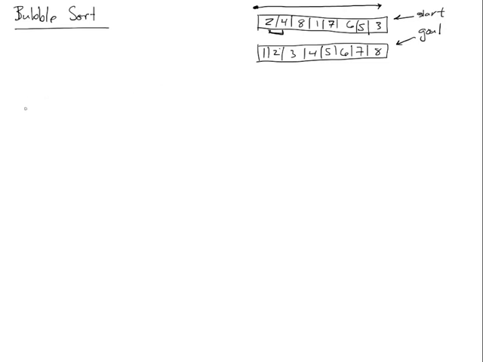Okay, so what we're going to do is create a method prototype called bubble sort. And it's going to take in an int array, we'll do a star. And we're dealing with C++, so we're going to need to know how long that array is.